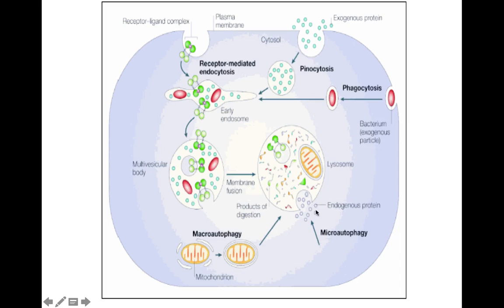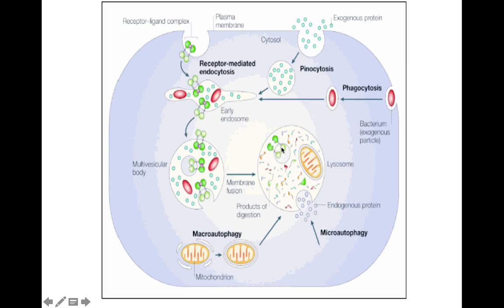And here we have got a lysosome. These multivesicular bodies can also fuse with the lysosomes, and now the lysosome has got all the different things inside it. It has got a mitochondrion, which came from autophagy. It has got some suspended particles which came from pinocytosis.